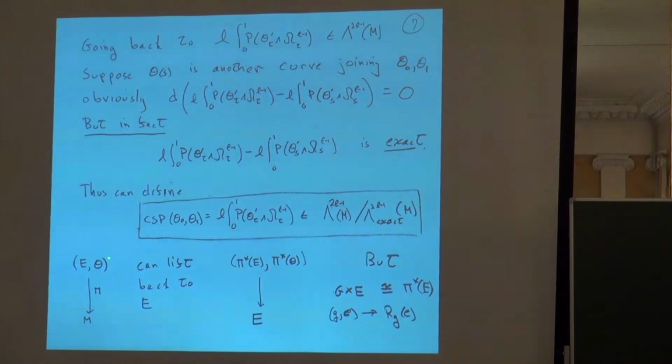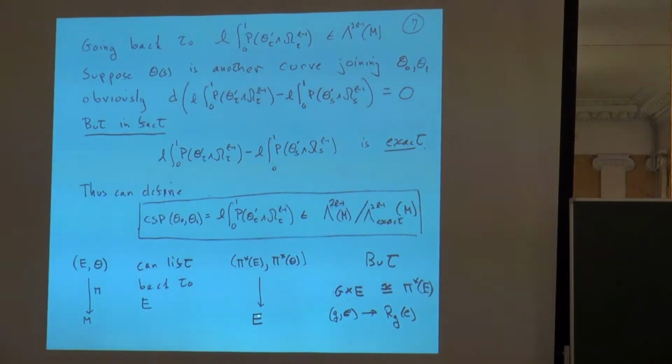I can lift this back to E. Oh, yeah. So here is this bundle, here was the original thing. We can lift this whole thing back to E. So we can pull this bundle back up to E, and here it is, pi star of E, and pull the connection up.